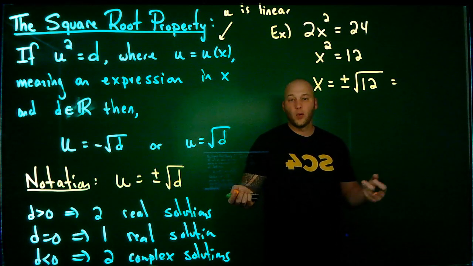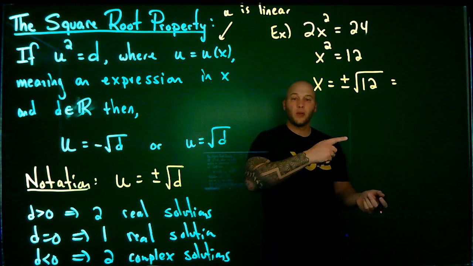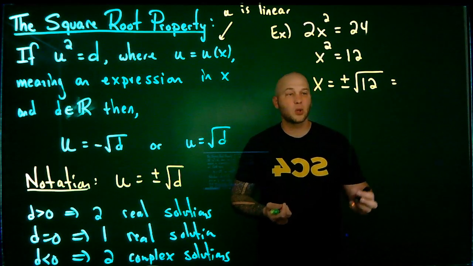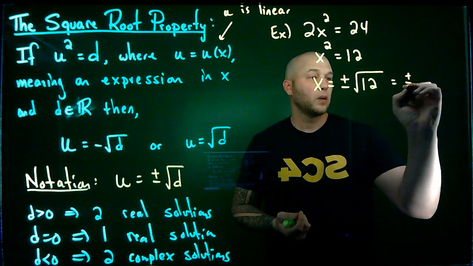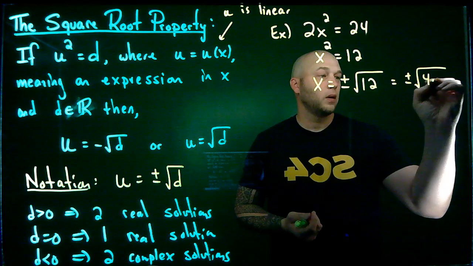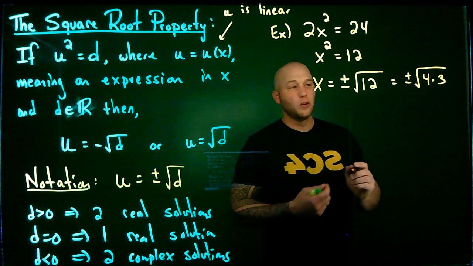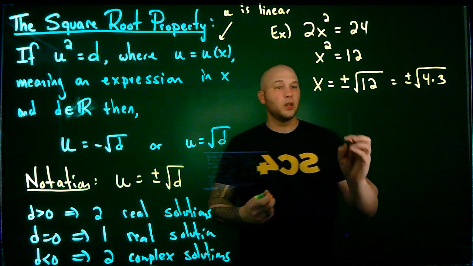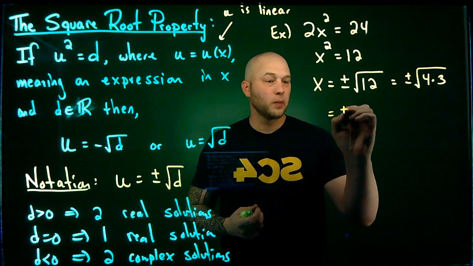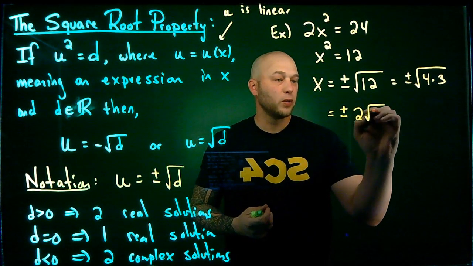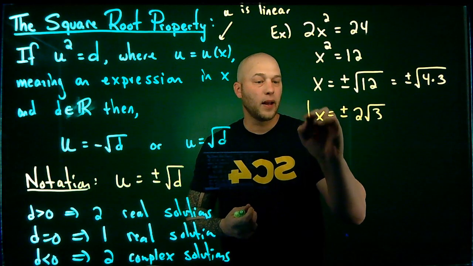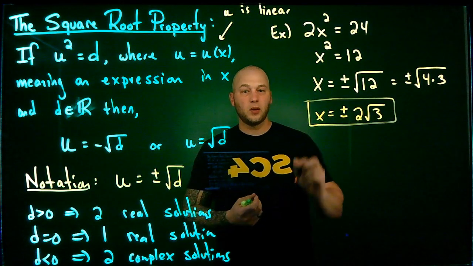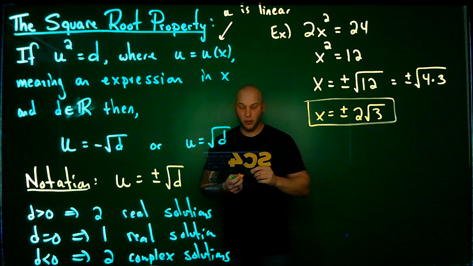I could also do it as 4 and 3. When I do it as 4 and 3, notice that 4 is a perfect square. And using the product rule for radicals, I would have the square root of 4 times the square root of 3, which would be plus or minus 2 root 3, and that would give me the value of x.